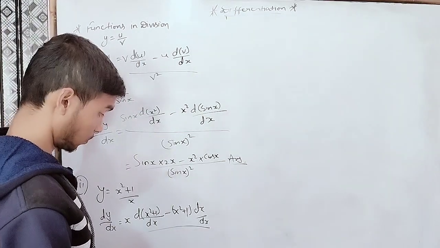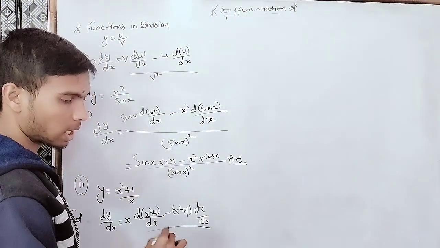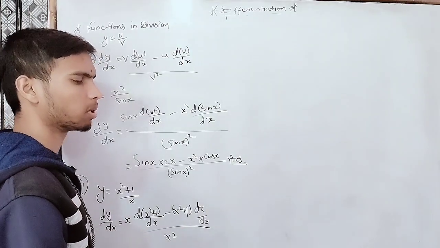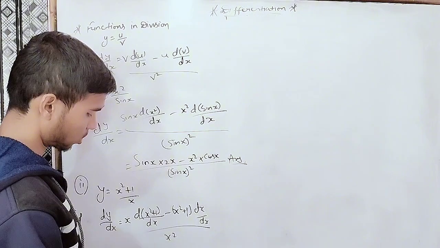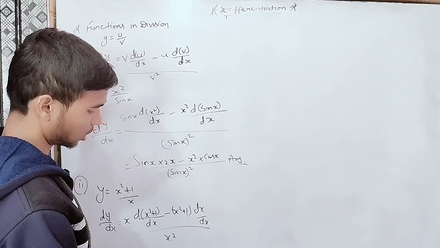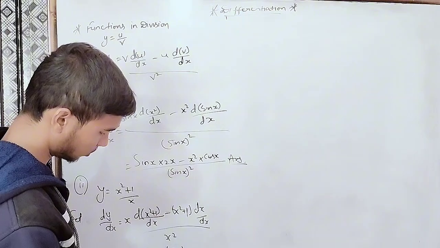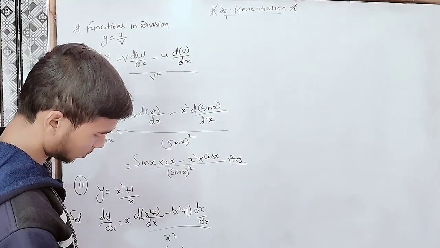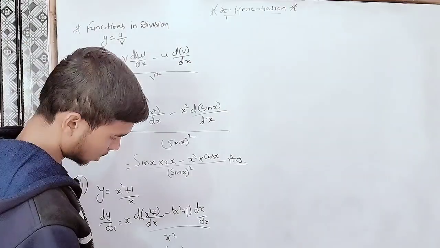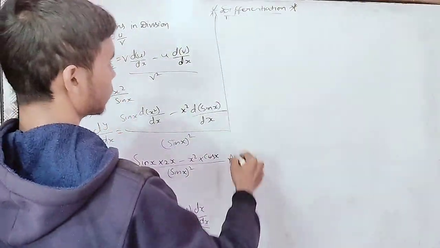Then we have x square. We have x, 2x, then plus 1. We have a plus 1 whose derivative is 0. So 2x only. x square plus 1. Of course, 2x square minus x square plus 1. This is the answer.